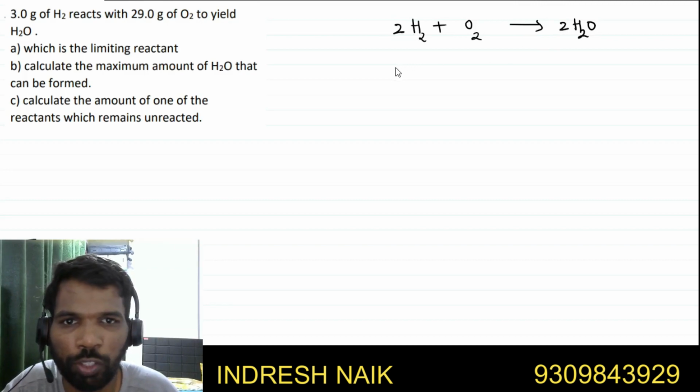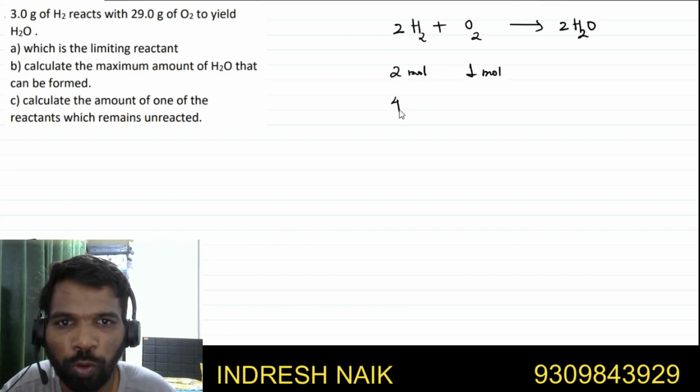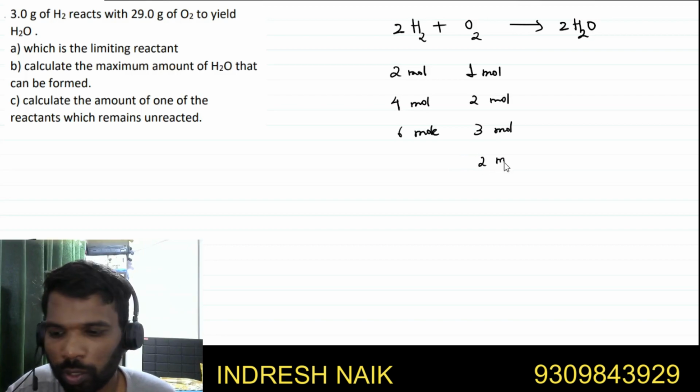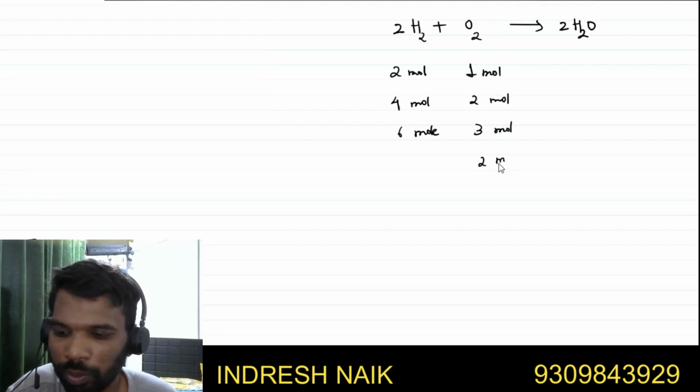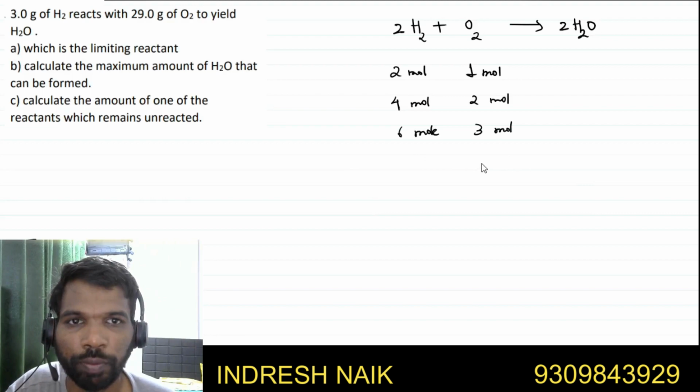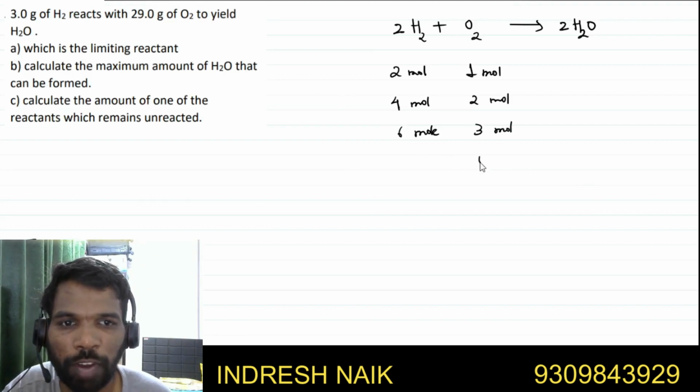What does this say? If this is 2 mole, this should be 1 mole. If this is 4 mole, this should be 2 mole, right? If this is 3 mole or 6 mole, this should be 3 mole, right? If this is 5 mole, this should be twice of this.